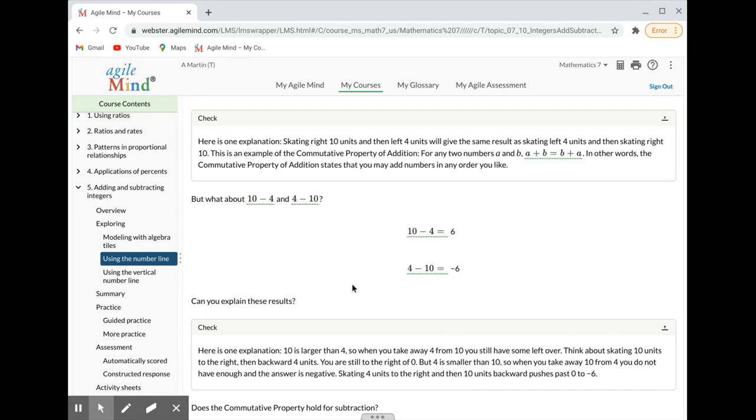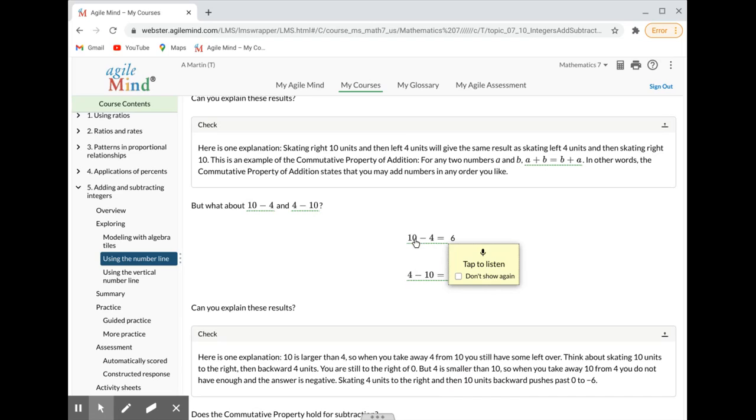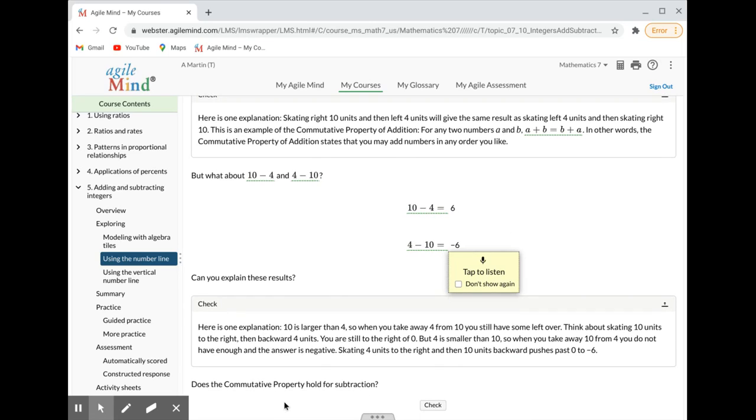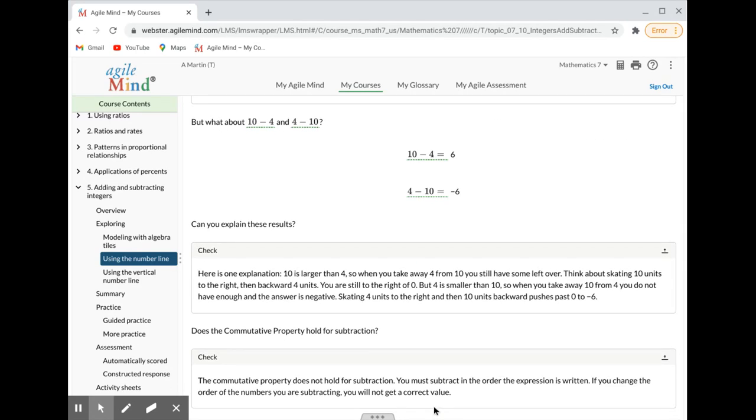So based off this information, knowing that the order doesn't matter for addition and the order does matter for subtraction, does the commutative property hold for subtraction? No. No, it does not. Commutative property is only going to work for addition. Okay? If we change the order of the numbers when we're subtracting, we are not going to get the correct value.